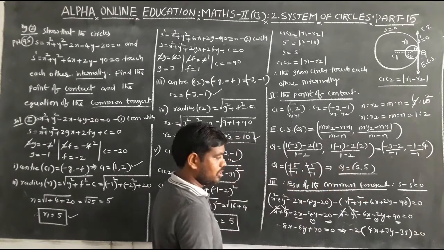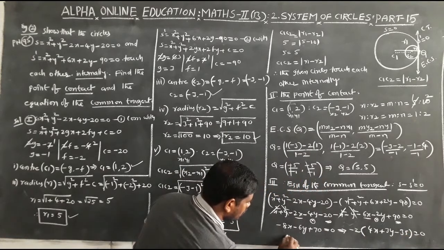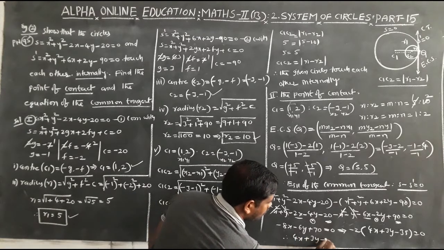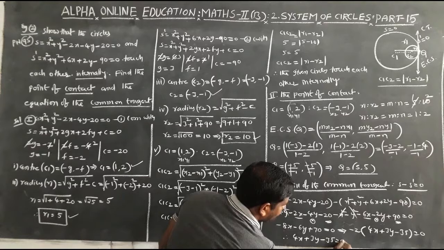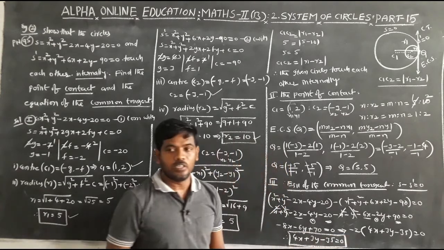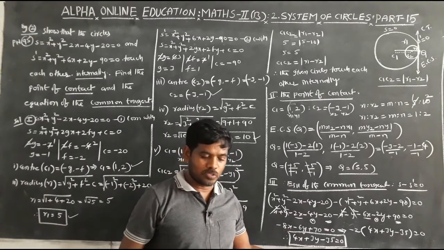Therefore 4x plus 3y minus 35 is equal to 0, which is the equation of the common tangent of the two circles.